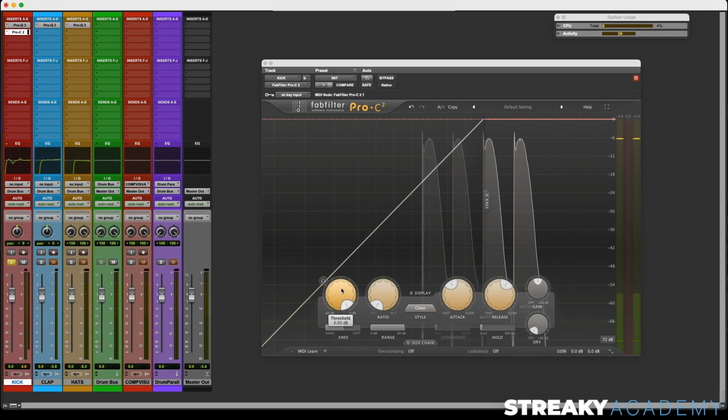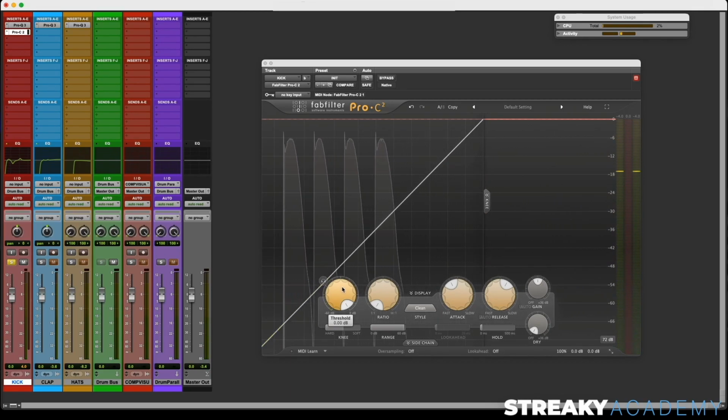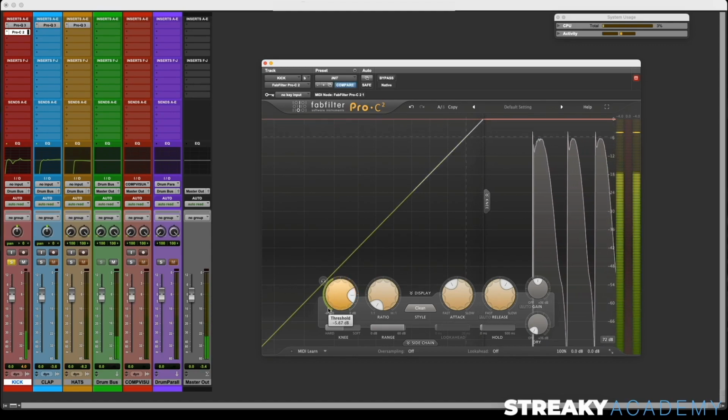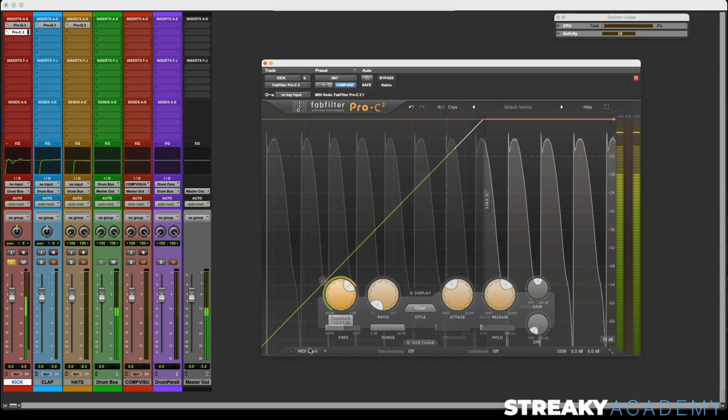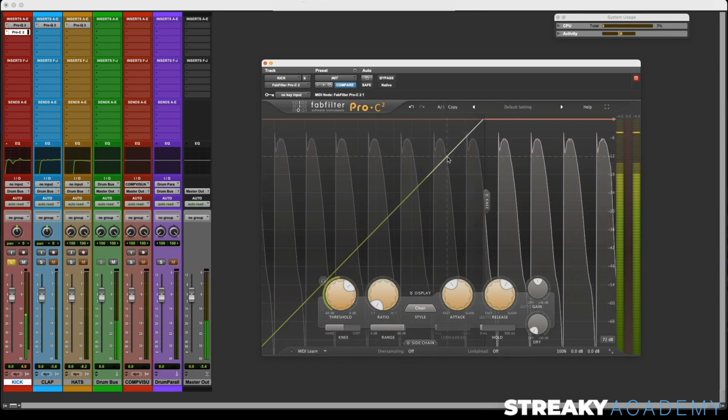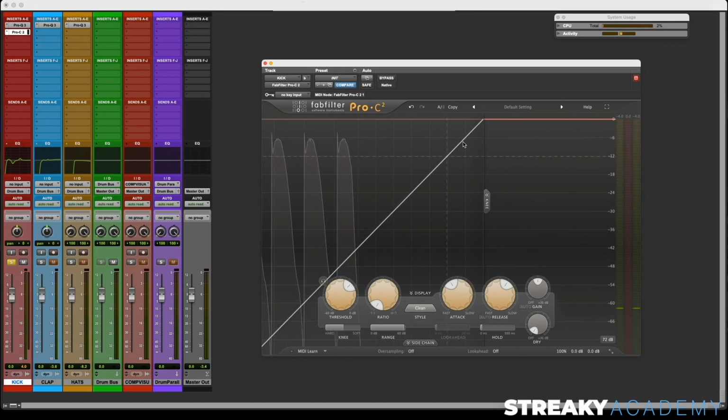In order to make compression happen or be detected, we need to bring our threshold down past the peak point of our kick. So let's do that and see that visually represented within the plugin. As you can see here, the green line shows the volume moving up, and the crosshair shows at which point we are going to start compressing.